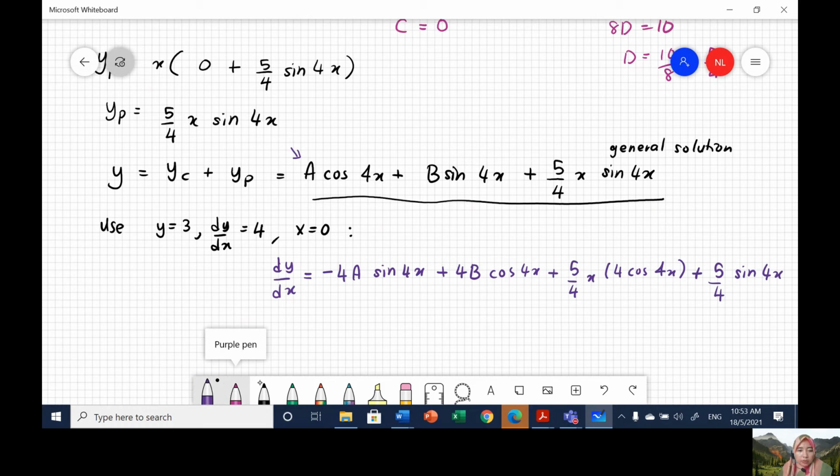For the boundary condition, we substitute into the general solution first. Then we have 3 equal to, need to use a calculator, cos 4 times 0 is cos 0.